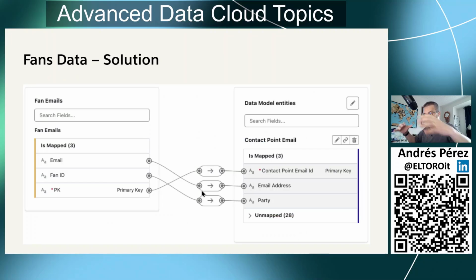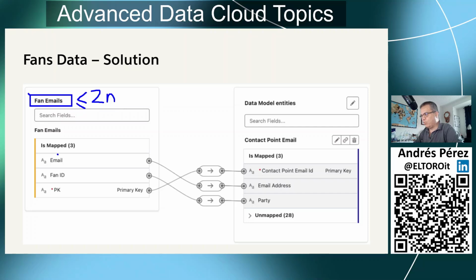So once we have that, this fan emails table here, the DLO, was generated, and this is the table that has less than or equal to 2n records.